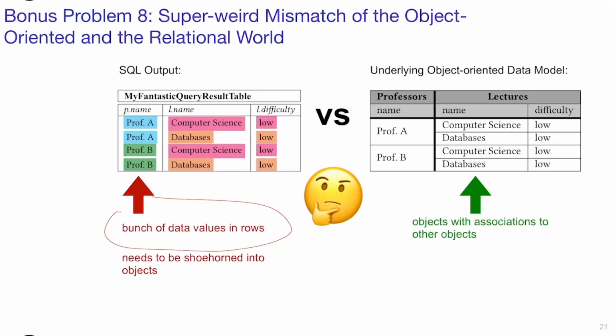Then extensions were developed; Postgres, for instance, has many extensions for object orientation. All of this basically didn't really work out. So today, the industry standard is still relational database systems. There are a few niches where object-oriented database systems are used, but they are really niches. So the winner is the relational system.